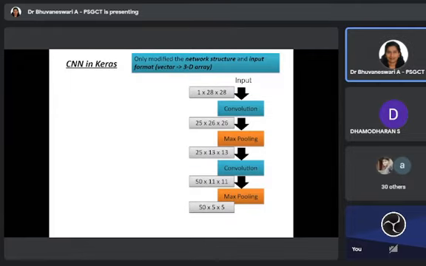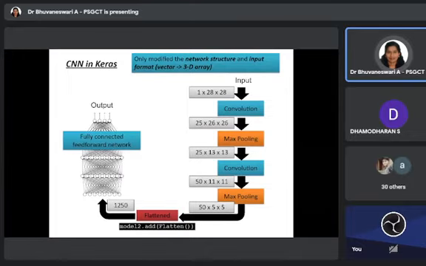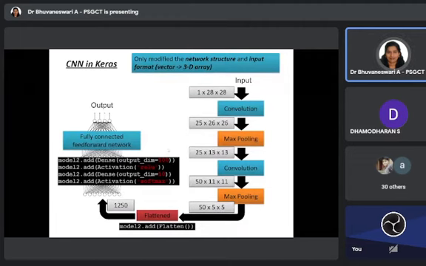So based on this outcome, you flatten the matrix. You apply the flatten function with the input 1250. So these 1250 inputs are applied as the input to the feed forward network. This is how you apply the coding. You use the dense function to make it fully connected. Then you apply the ReLU activation function to make the prediction, to generate the predictive output.